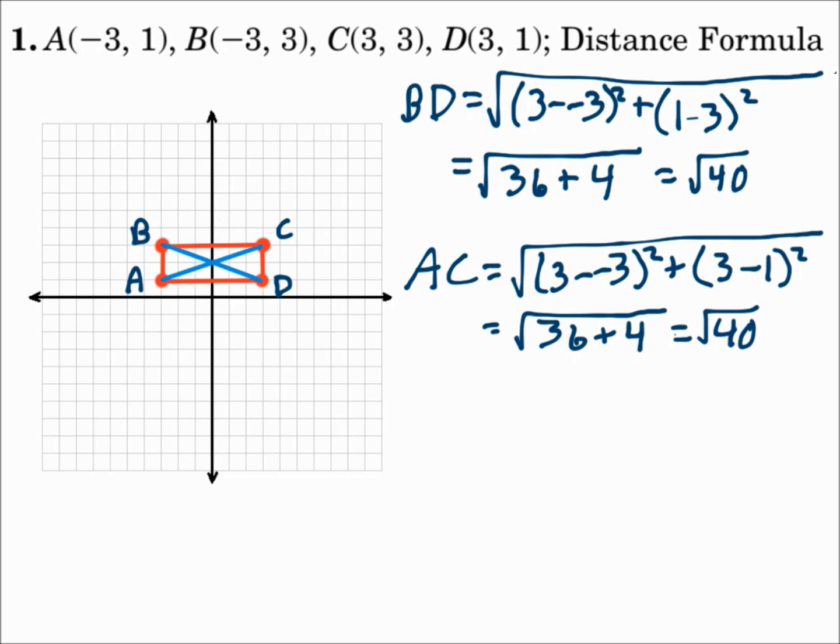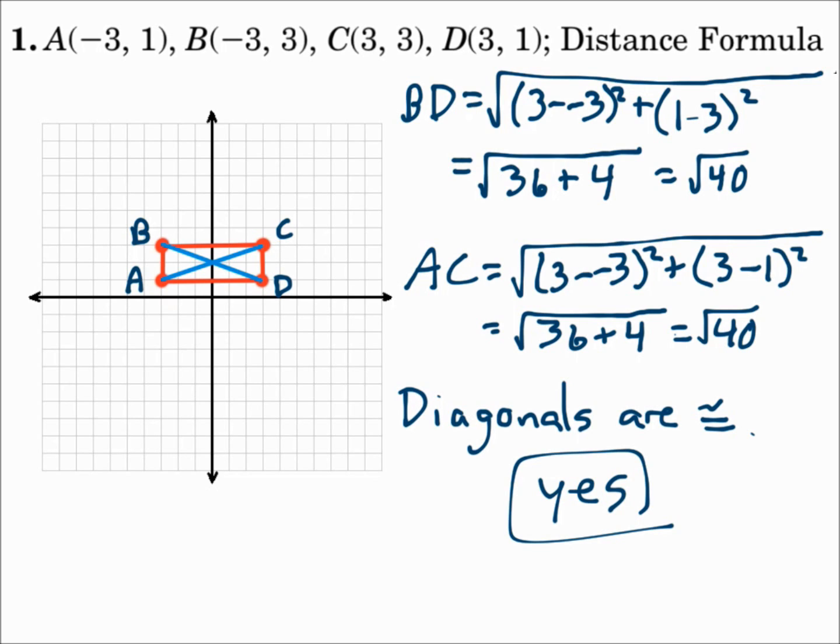So when we do the lengths of the diagonals using the distance formula, each diagonal is the square root of 40 units long. So the diagonals of this parallelogram are congruent. And when the diagonals of a parallelogram are congruent, it's a rectangle.